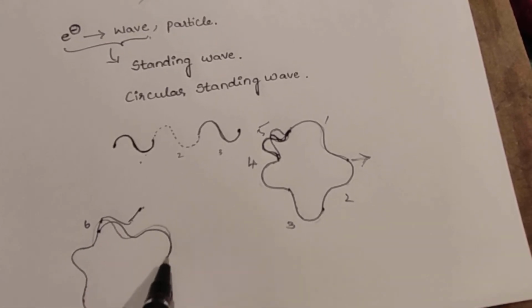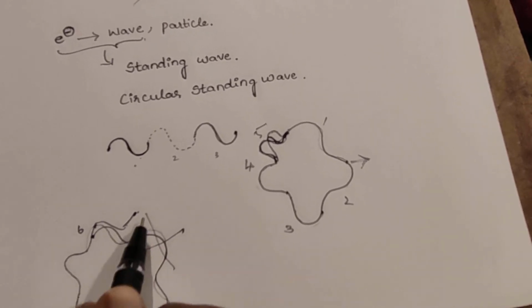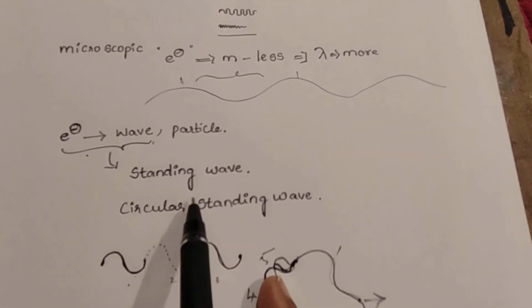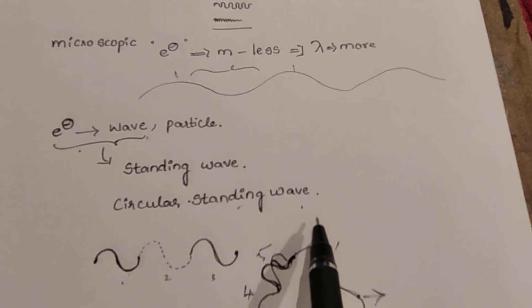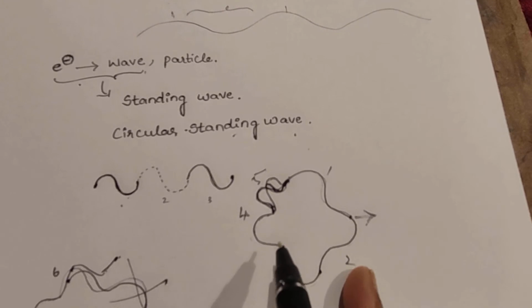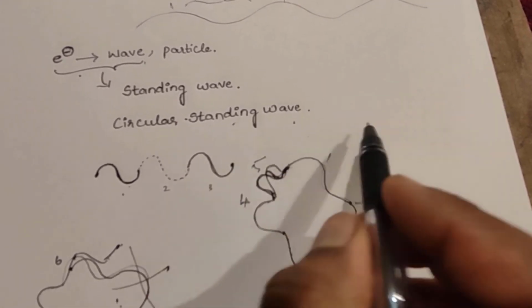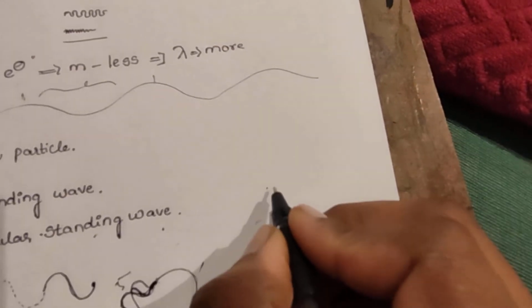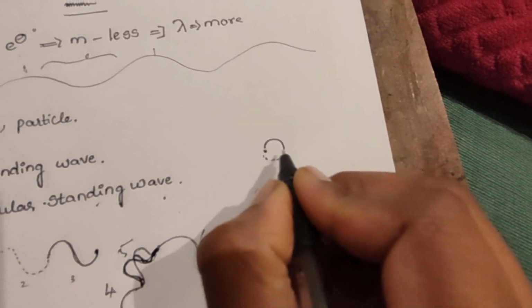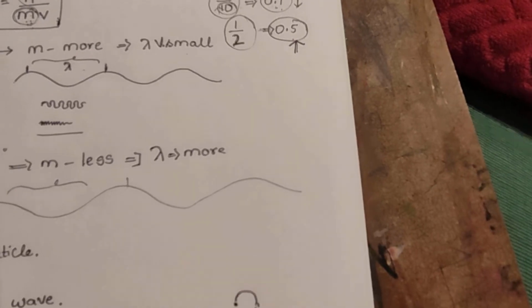Further, this wave interferes with the other wave and then the standing wave doesn't occur. So, if we consider the electron as a circular standing wave, then only an integer number of waves will result in the orbit. Suppose we take only one wave, this is crest and this is trough, the ending of this will be the starting of this.